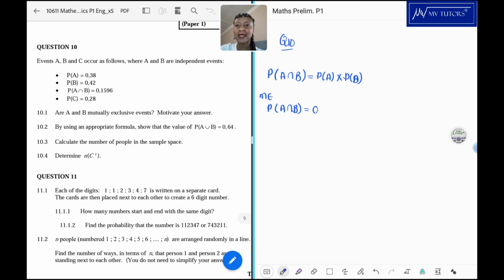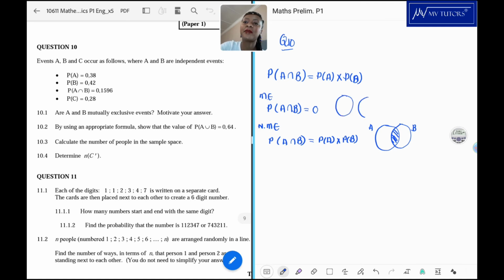They don't happen at the same time. But if they were non-mutually exclusive, then you would have an intersection, whereas here, where they are mutually exclusive, they're just happening separately.